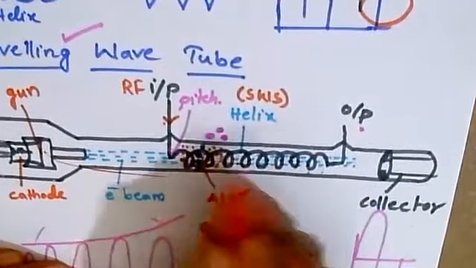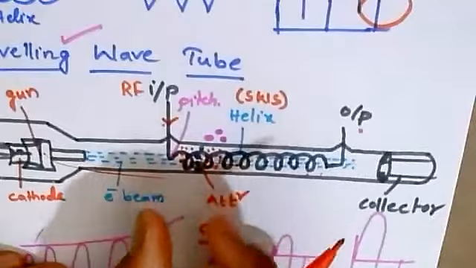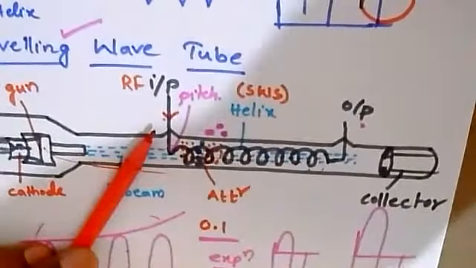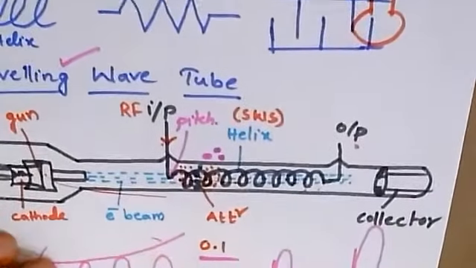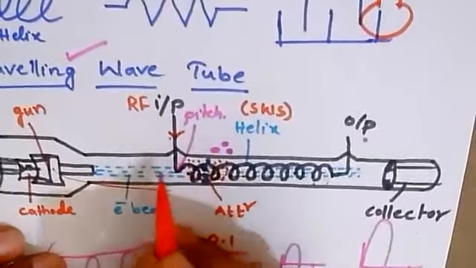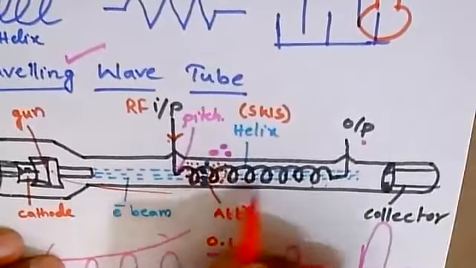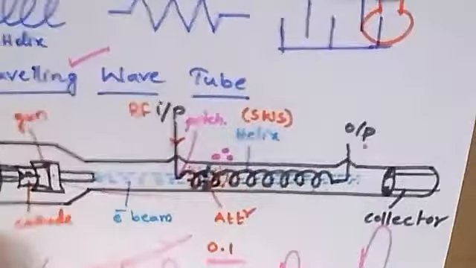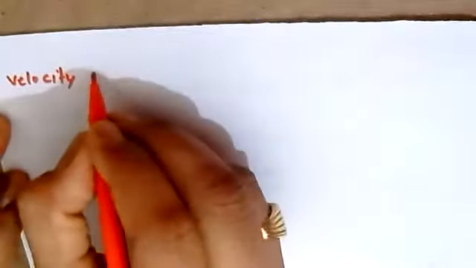So due to this, we can calculate the velocity of that axial field which is being generated over here. We have a standard expression to calculate the axial velocity of the field generated through this helical structure.